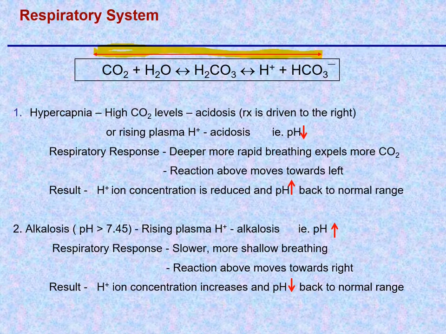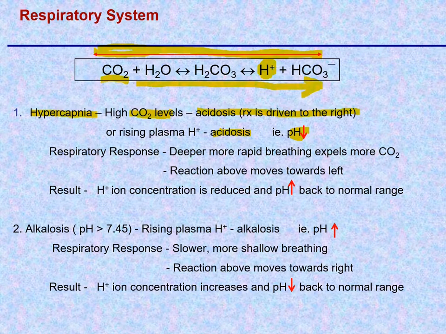If the PCO2 is high in the body, that's hypercapnia, a high CO2 level, and that will lead to acidosis because the reaction is driven to the right. If you have more CO2, the reaction will be driven from left to right. As a result, you'll have a rise in the hydrogen ion concentration, and you can get acidosis. In other words, the pH drops.